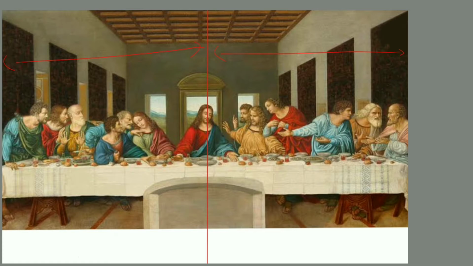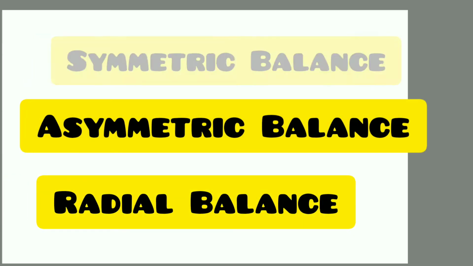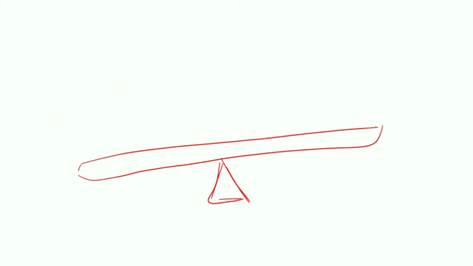Balance is of three types: symmetric balance, asymmetric balance, and radial balance. Let us first understand balance. Although we don't require any explanation for balance, I'm just imagining a block of wood which is kept on a fulcrum. This is a fulcrum, right?